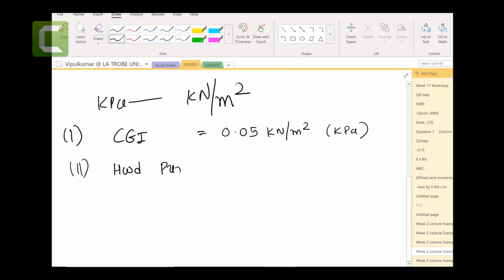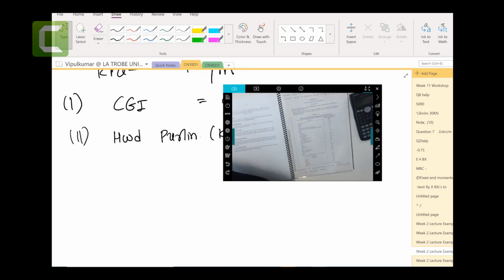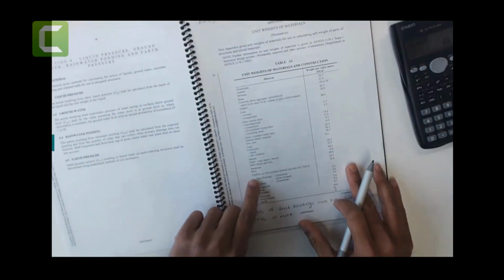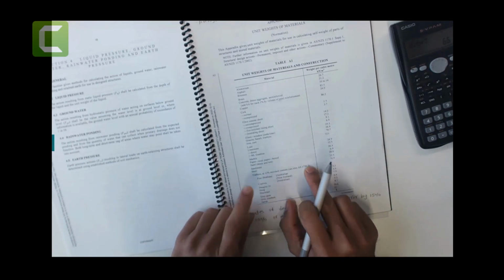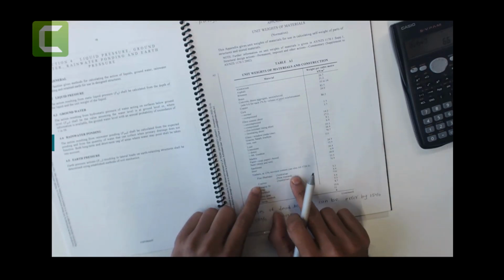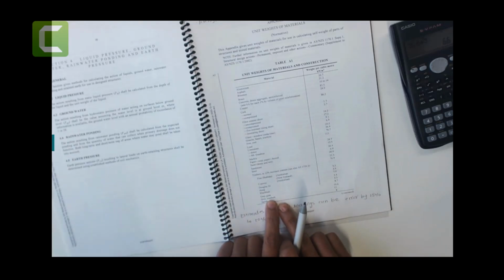Hardwood purlin, we need it in the kilonewton per meter square. Let's do it. Hardwoods, I think this is the timbers. 12% moisture, 1720. Australia and New Zealand. So I think gray iron bark is the hardwood.